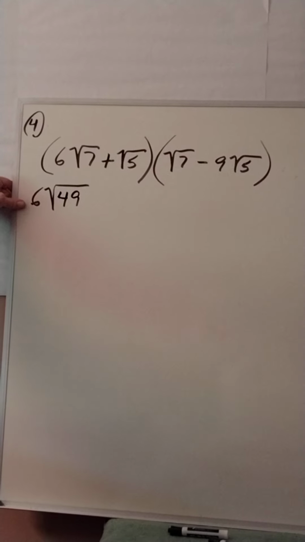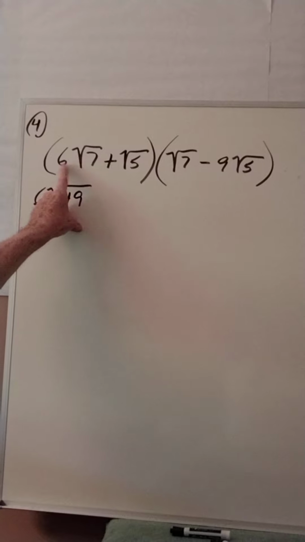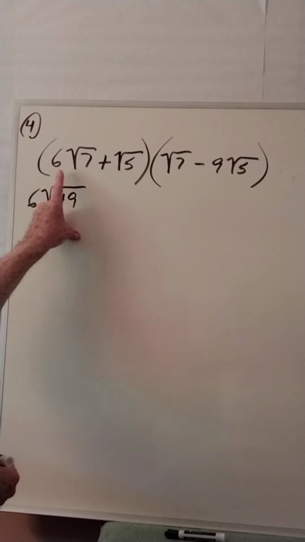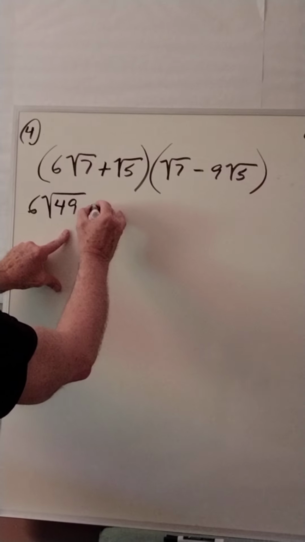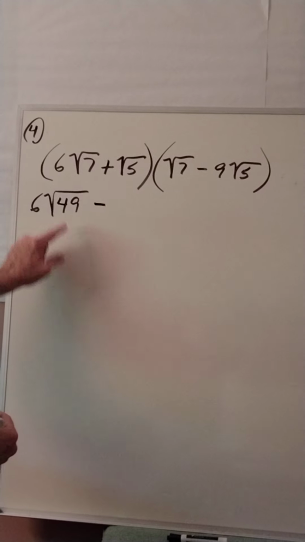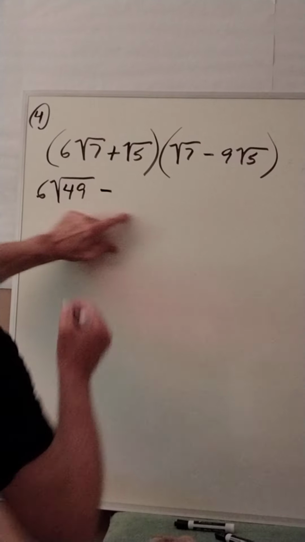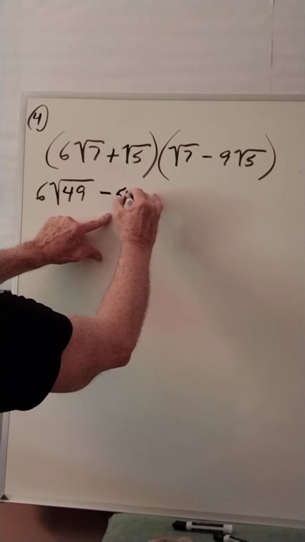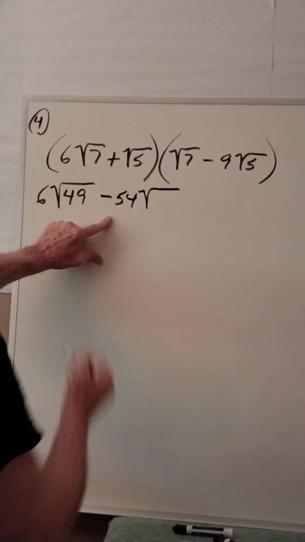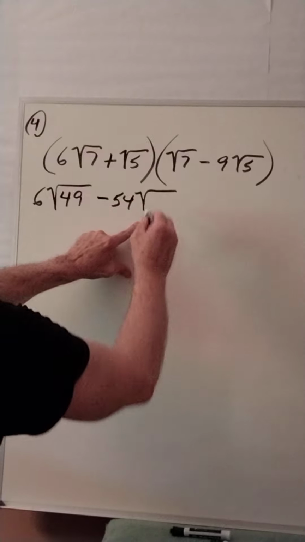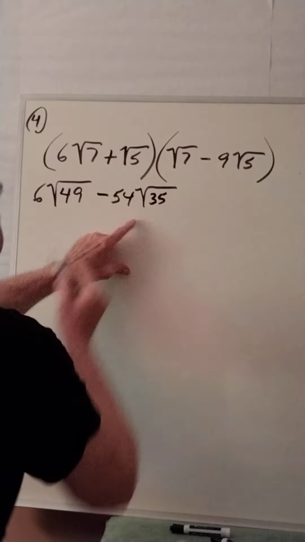Let's go outer. Outer, outer. Positive times negative, negative. 6 times 9, negative 54, root 7 times 5, root 35.